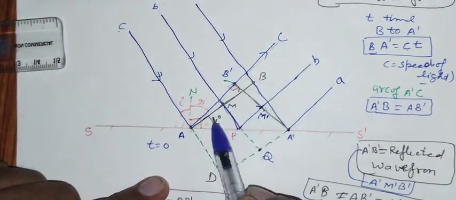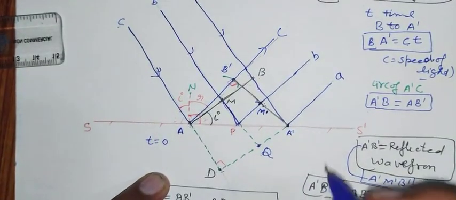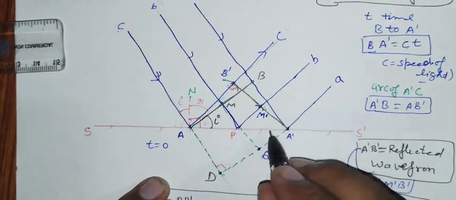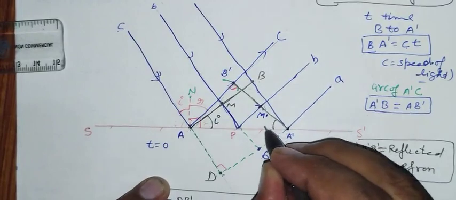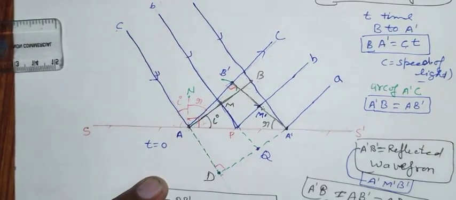Incident wavefront makes angle I with this. Then in that condition we can so clearly prove that the angle made by the reflected wavefront with the normal is equal to the angle of reflection. Right? So we are able to prove that.